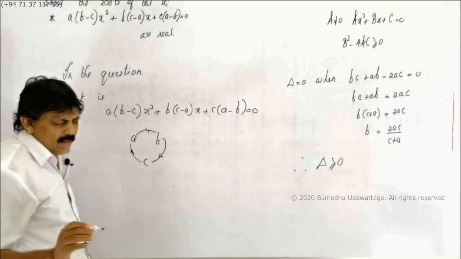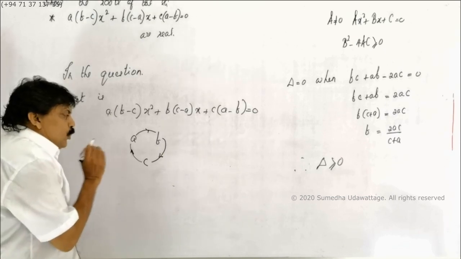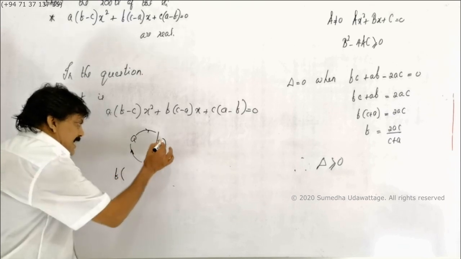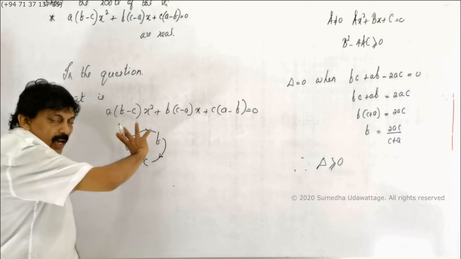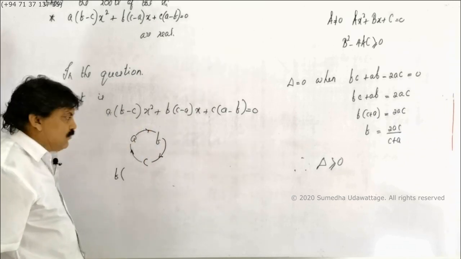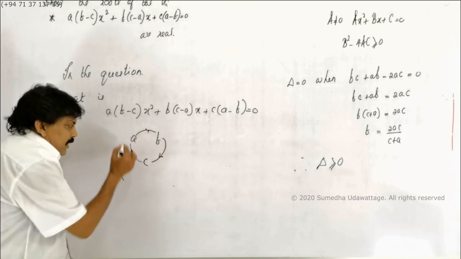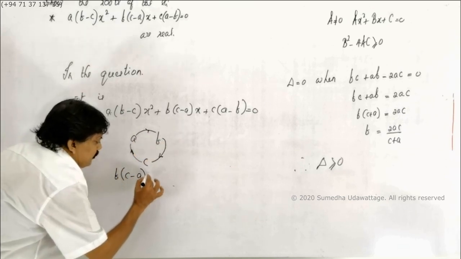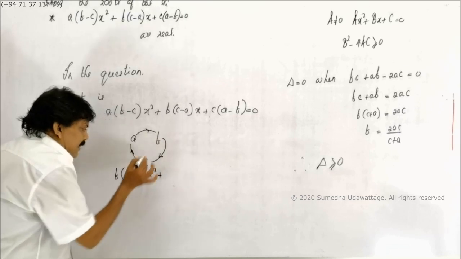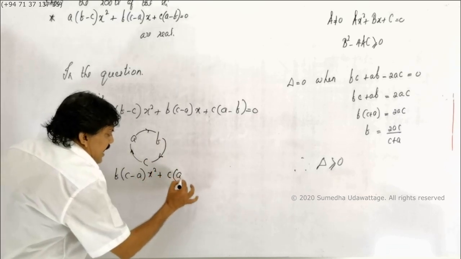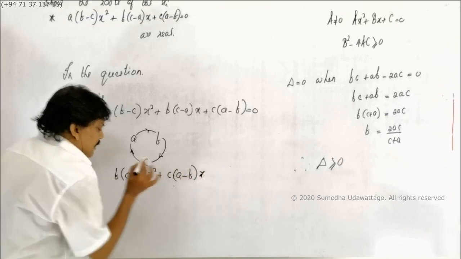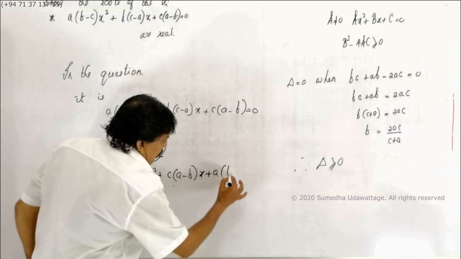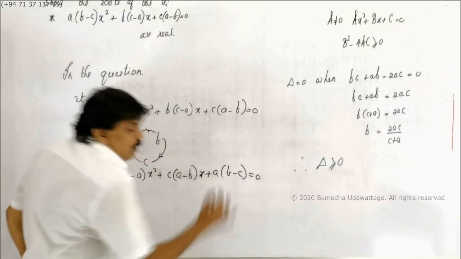If you are making a note, write underneath: the question could be written starting from B. As I explained to you in the last video, it's circularly symmetric. If you start from B, you get B times (C minus A) x square, then you come to C, C times (A minus B) x, then you come to A times (B minus C) is equal to 0.